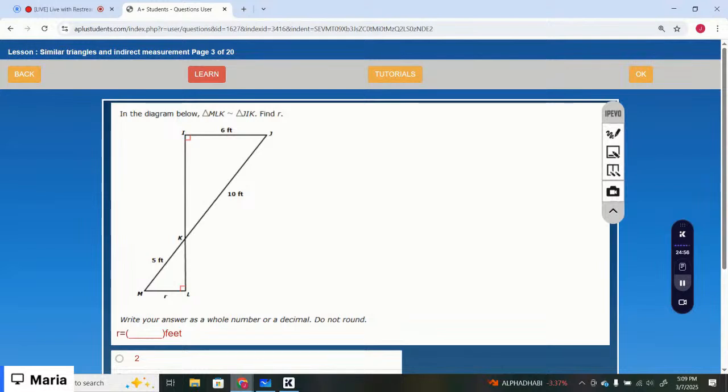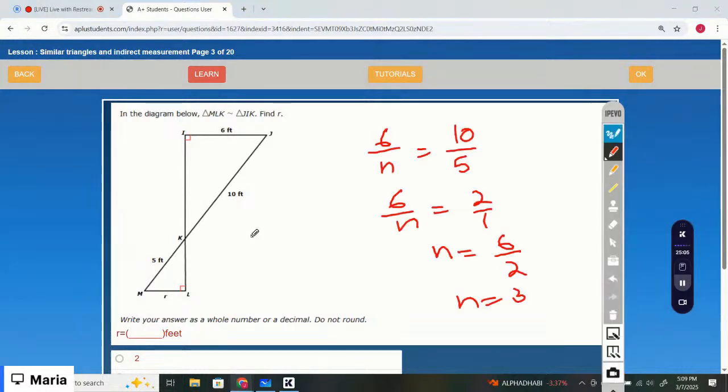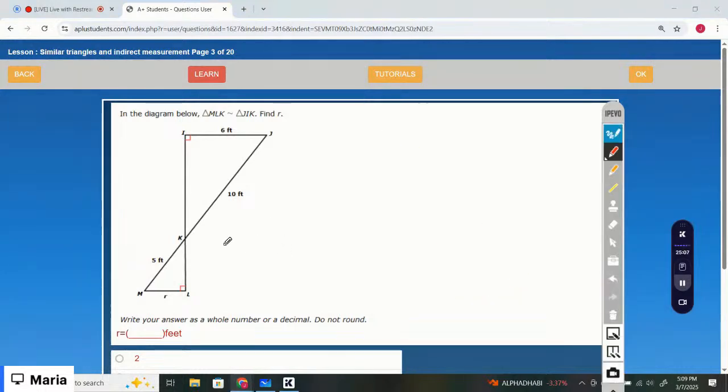In the diagram below, triangle MLK is similar to triangle JIK. Find R. You have to find the side length R. So just make a proportion between their similar sides, that is 5 divided by 10 equals R divided by 6.